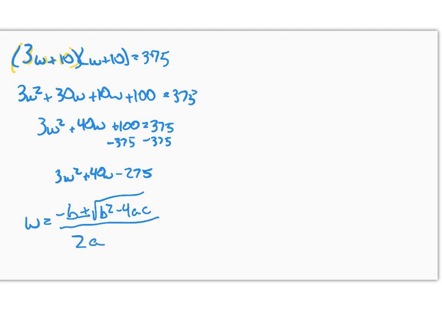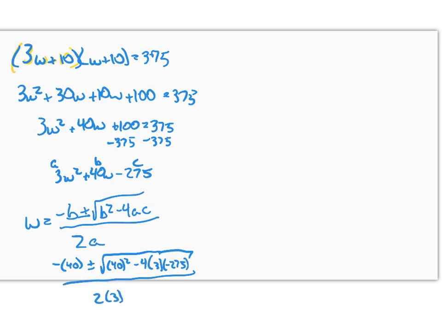And then if I substitute what I have, negative of 40, which is our B term. 3 is A, 40 is B, negative 275 is C, plus or minus the square root of 40 squared minus 4 times 3 times negative 275 all over 2 times 3.